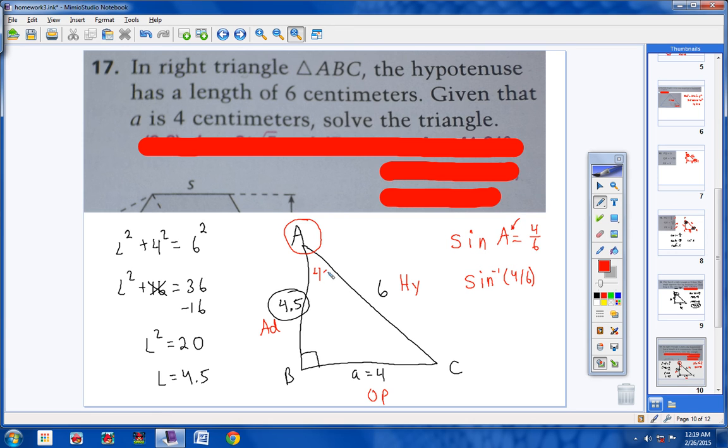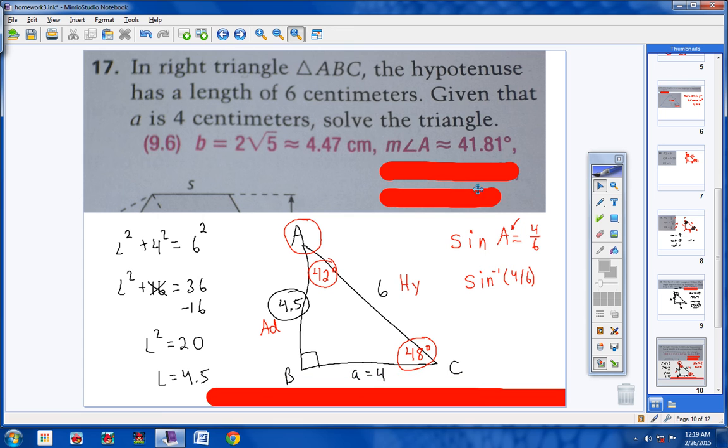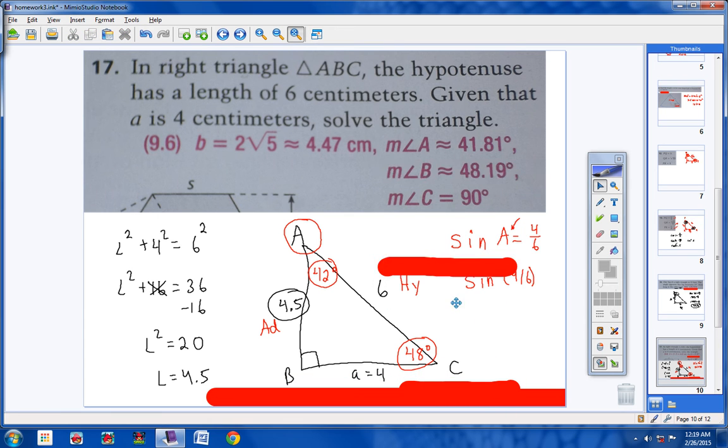So if this is 42 degrees here, then this over here has to be, let's see, 48. This has to be 48 degrees here. Okay, so let's see how correct we were. We claimed that this side here was 4.5 and they have 4.47.